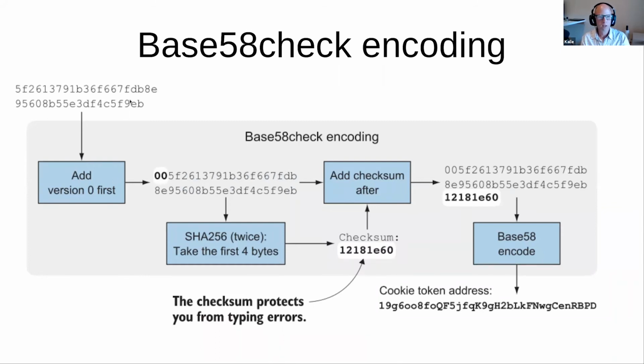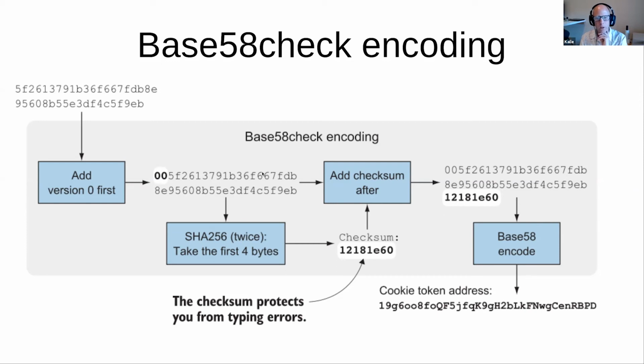Starting at the public key hash, he first adds a version, which is just the version of this address type, so to speak, which is 0. This is the first Bitcoin address that was used in Bitcoin. There are other types of addresses that came later, and there are more types that are coming in the future. But right now, this is the first type of Bitcoin address.